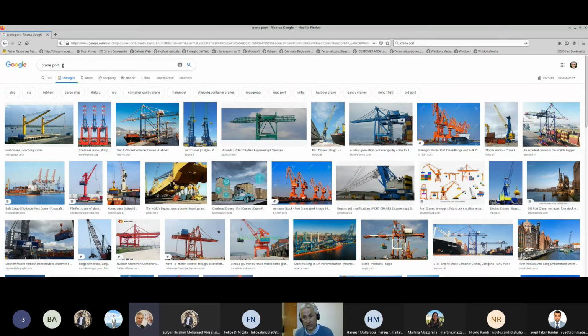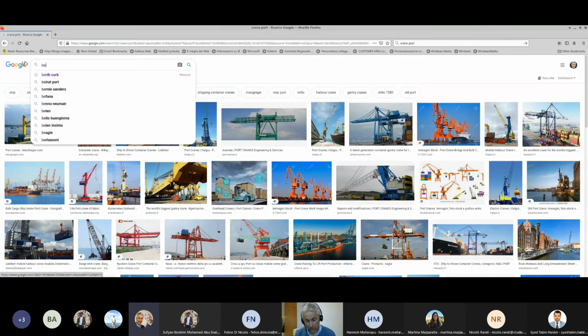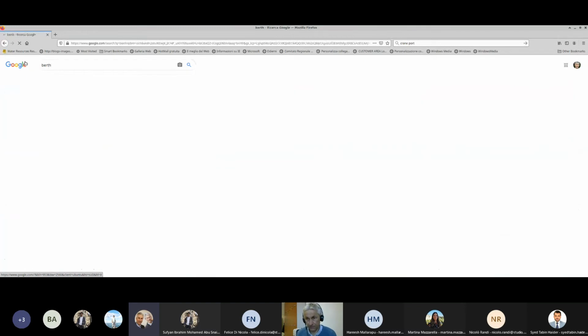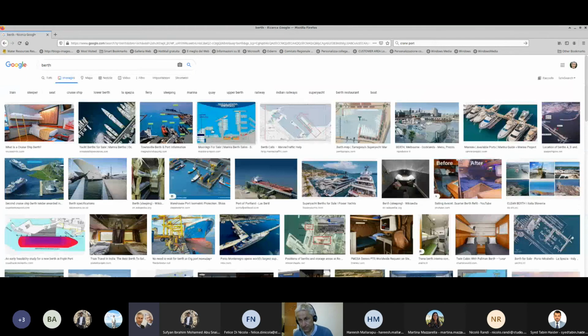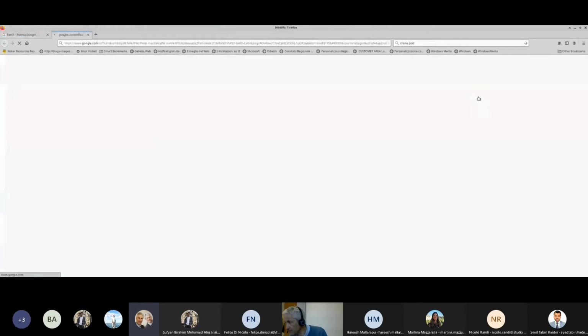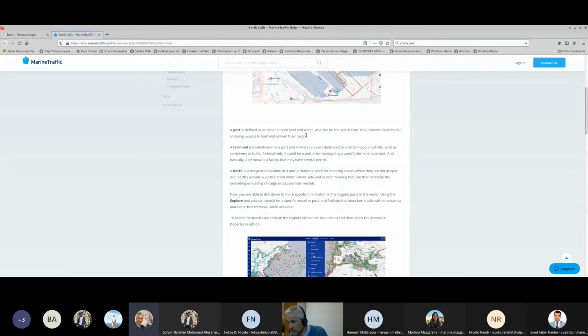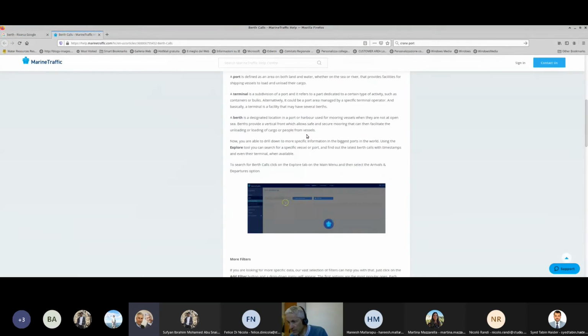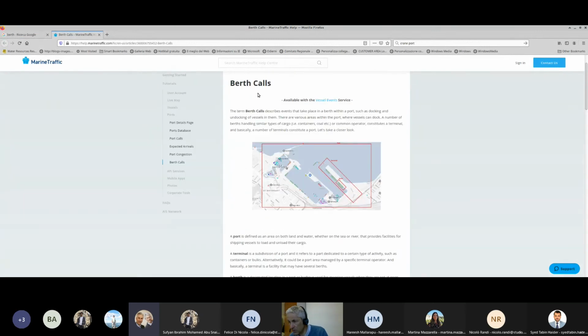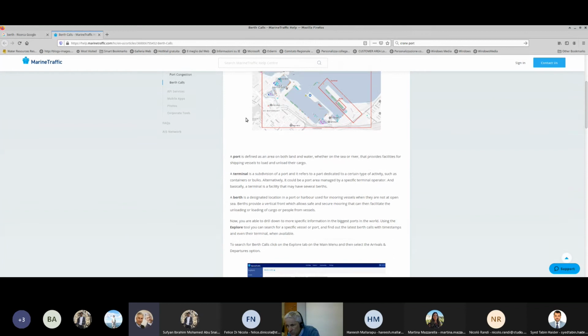Just to make clear the terminology, what is a berth? And let's see the images. I think the most useful one is this one. This is a berth. And you see, by chance, I got to a web page which described some terminology.